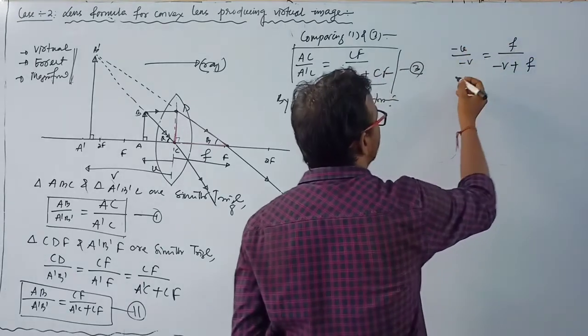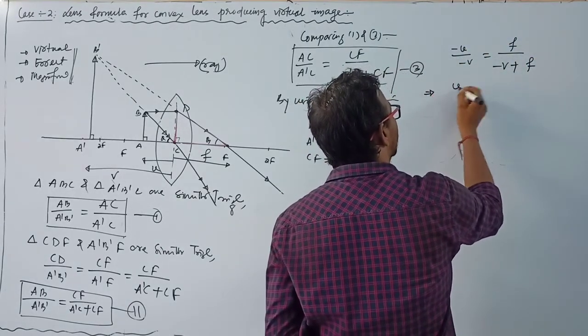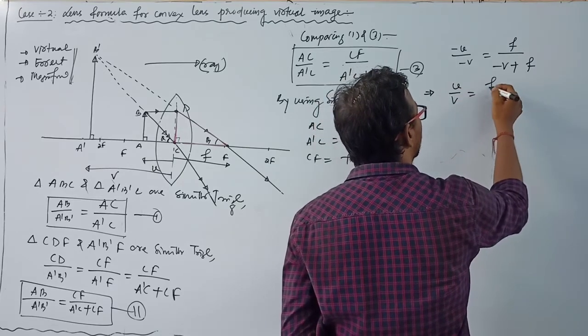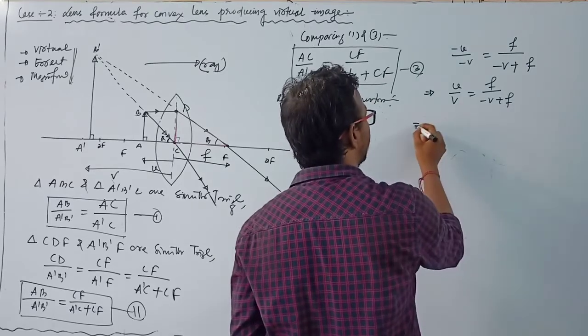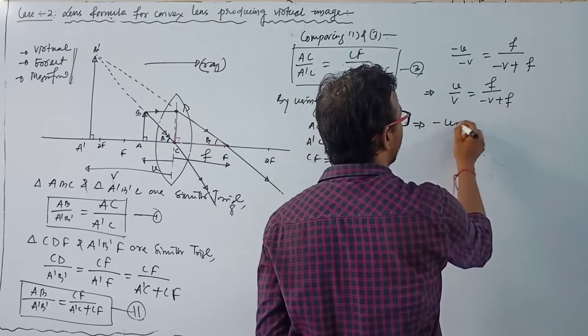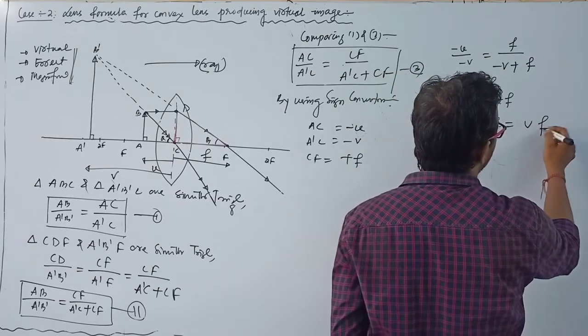Now the minus cancels, so we can write u by v equals f by minus v plus f. Now cross multiply this relation, we get minus uv plus uf equals vf.